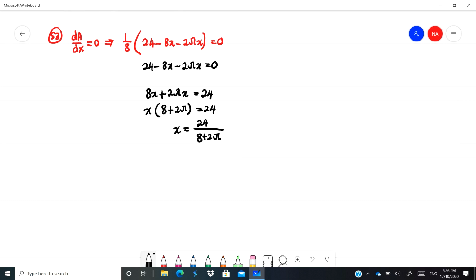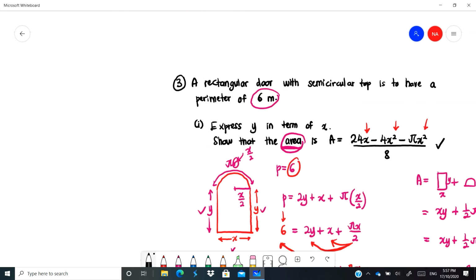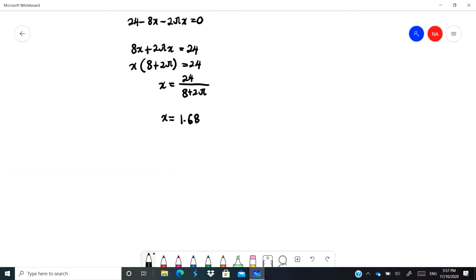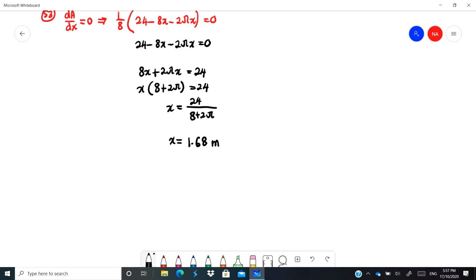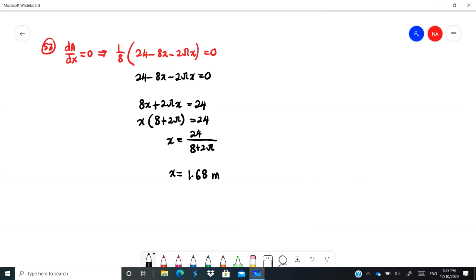Pressing our calculator, we get x equal to 1.68. In this case the unit is meter, so 1.68 meter. So we have already found the dimension of x here.